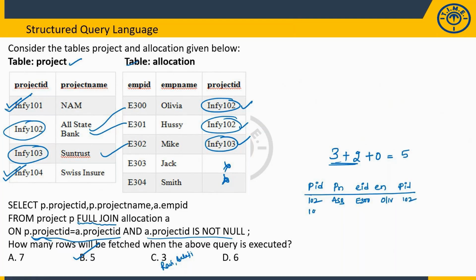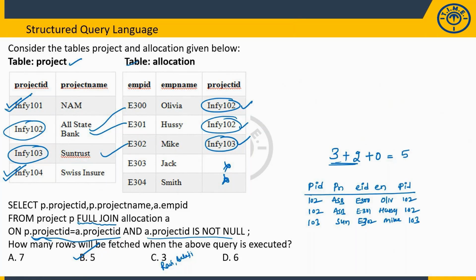And Infi 102 All State Bank, and that has a matching with employee 301, and this is Hasi and Infi 102. And Infi 103 had a Sun Trust, and that has a match with employee 302, and this is Mike and Infi 103. These are the three matchings.